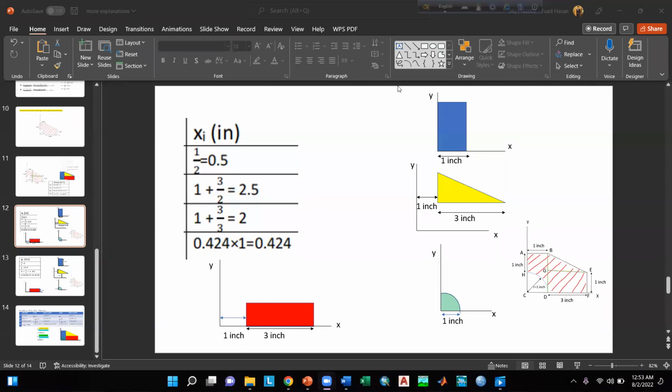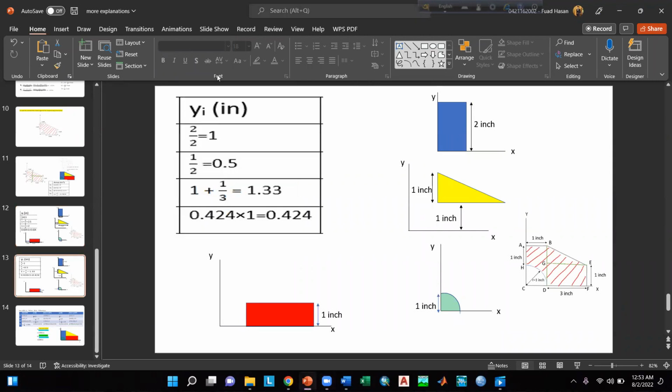So we have calculated the necessary centroidal distance x. Now we will move on to the next slide to calculate the necessary centroidal distance y. So what will be the centroidal distance y1 for this rectangular portion? As you can see, the width of this rectangular portion is equal to 1 plus 1, which is basically 2.